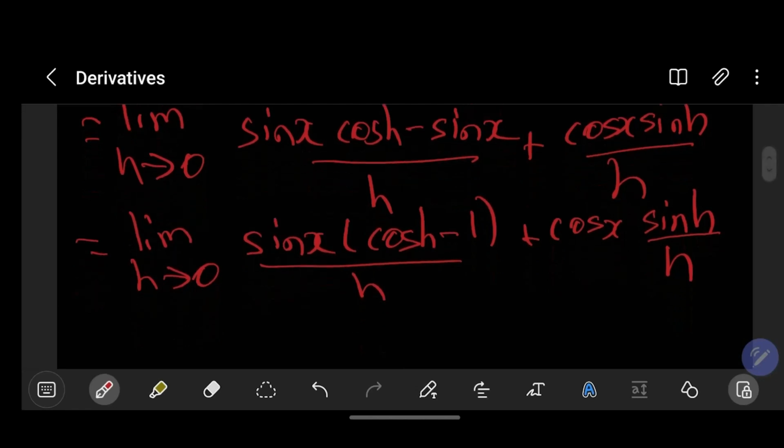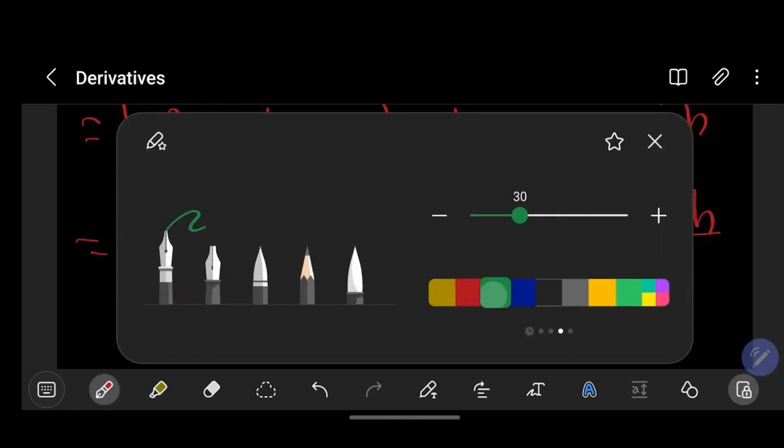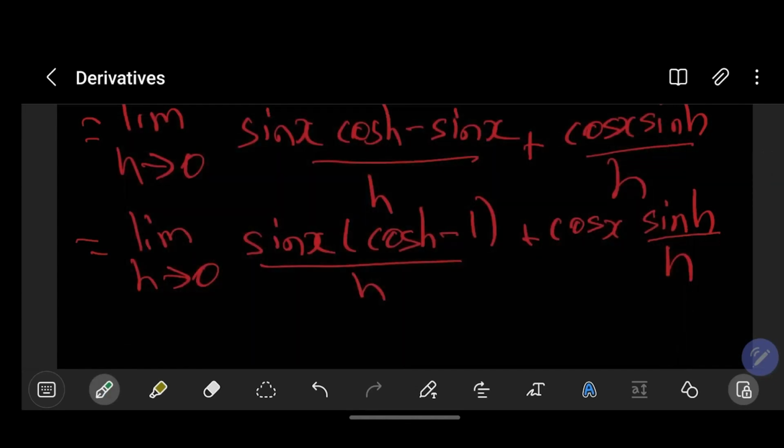From here we know that cos of h minus 1 can be rewritten as minus into 1 minus cos of h.